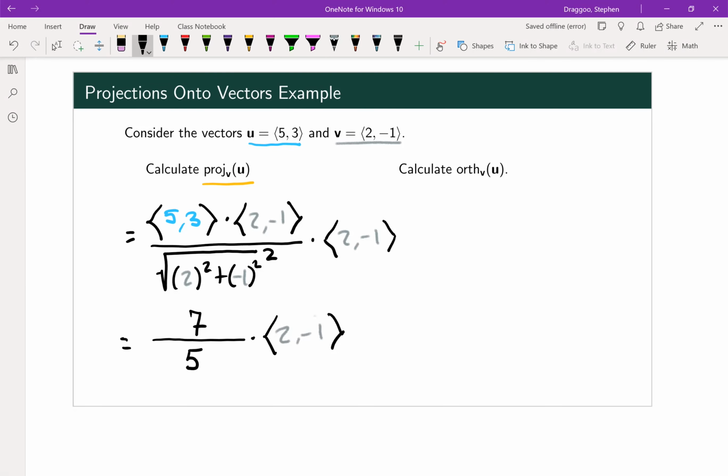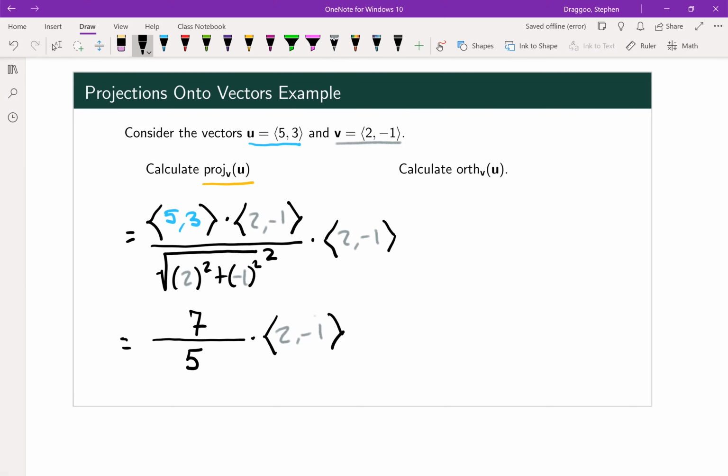So if we're just looking at the magnitude of that vector that goes in the direction of v, that should have been 7 over the square root of 5, if we were interested in getting that, since we had our denominator squared, but the magnitude of the projection should have just been over the single magnitude of v, not the magnitude squared.